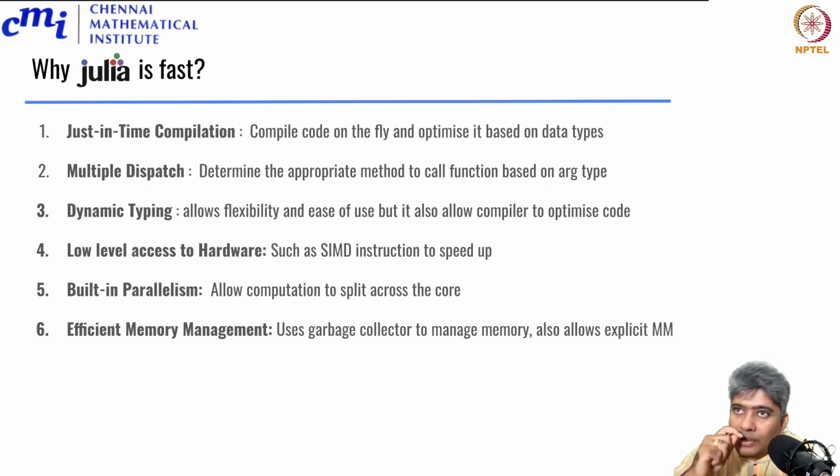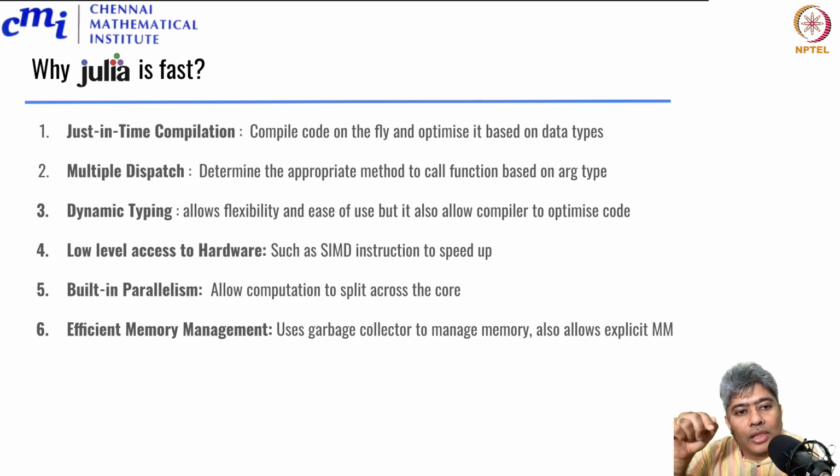Typically, if you have an argument which needs a different operation based on its type, say if the argument is a string, it will do some kind of operation, and if the argument is a float, it will do another kind of operation. So what you will do is write a function saying if the argument is this, you do this, if the argument is that, else you do this.